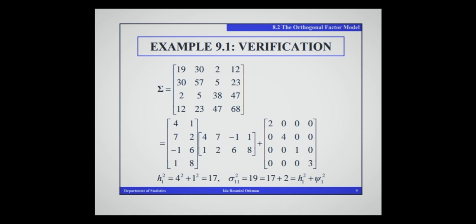Okay. So dekat sini kalau you tengok, kita nak cari communalities untuk first variable, maksudnya h1 square, communalities untuk first variable, h1 square, 4 square which is the factor loading, first variable first factor plus 1 which is the factor loading untuk first variable second factor, which is 17. So daripada situ kita boleh cari the variance sebenarnya.